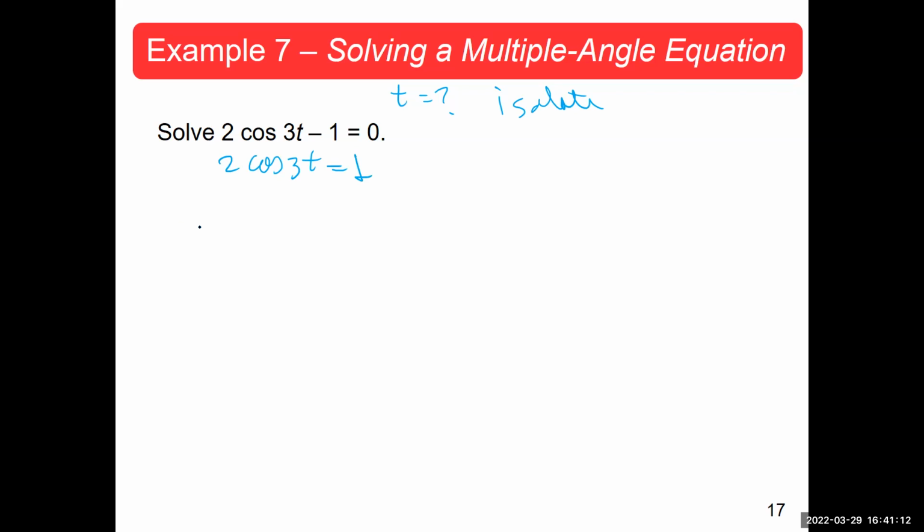Divide by 2. Cosine 3t equals half. Oh, didn't we solve this problem a minute ago? So assume x equals 3t. So we say cosine x equals half.